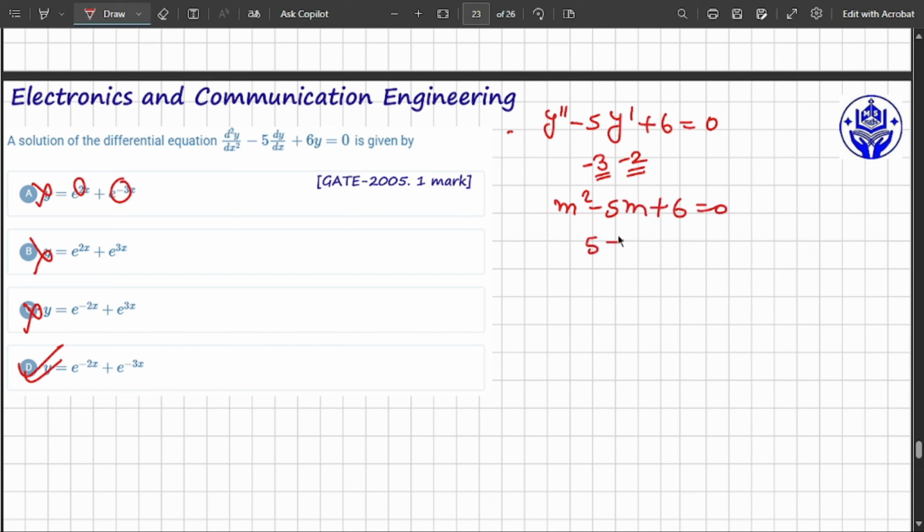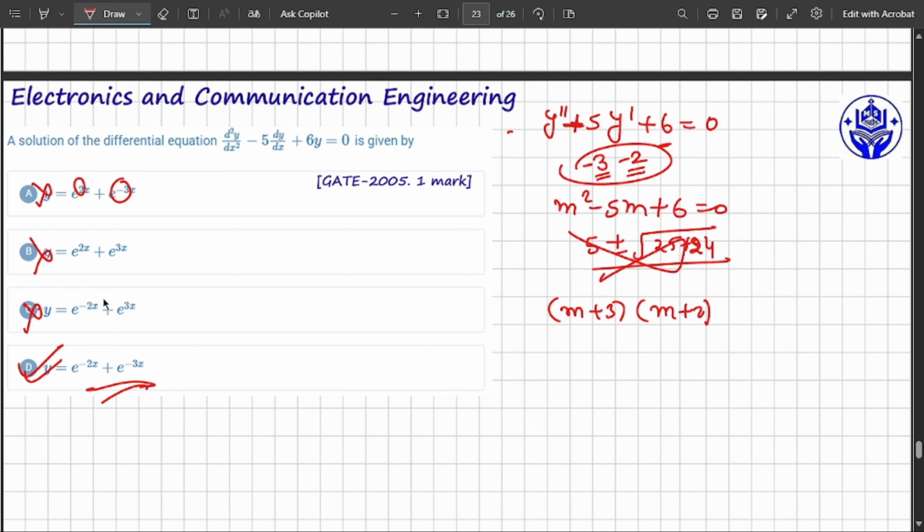Then it is 5 plus minus the square root of 25 minus 24. If I write it like this, plus 2, then it will be positive. I think there is a problem with this, it will be positive in this case. Otherwise, for this, it is the correct answer. Okay, this is the correct answer for this question.